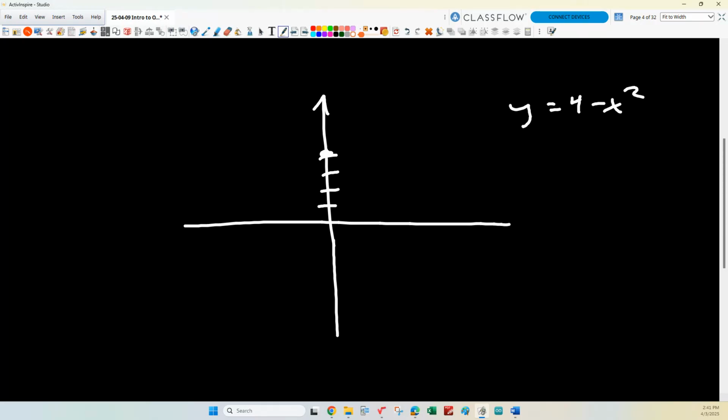X-intercepts where? Yeah, -2 and +2, good. So it's just going to look kind of like that. And we're trying to minimize the distance between a point on the parabola and the point (0, 2).